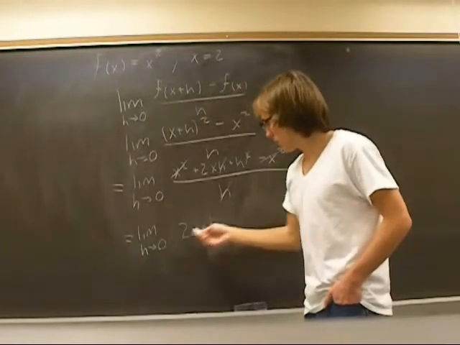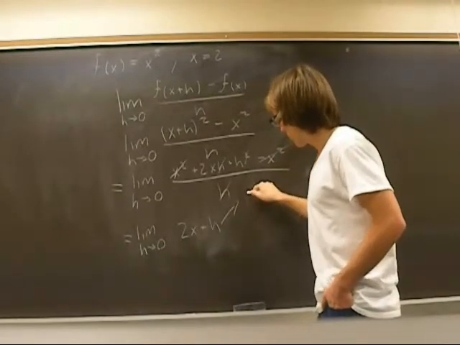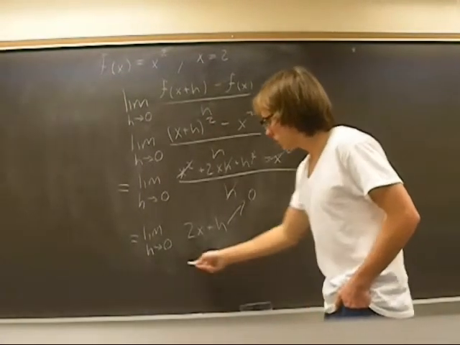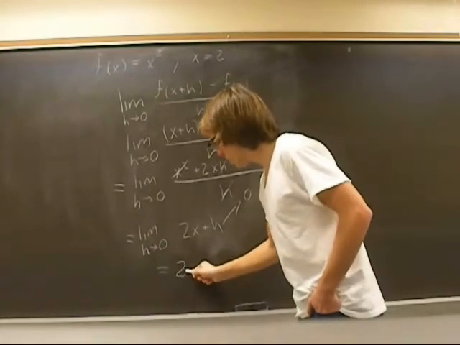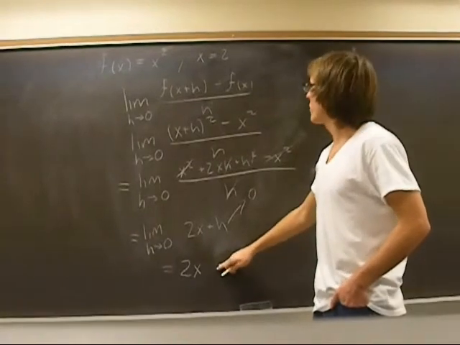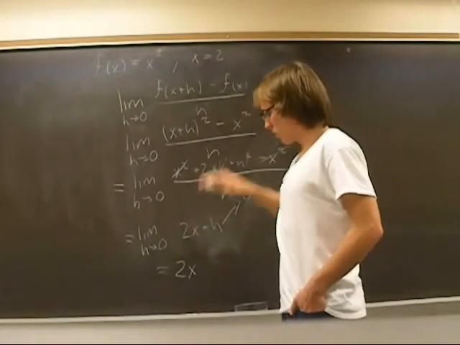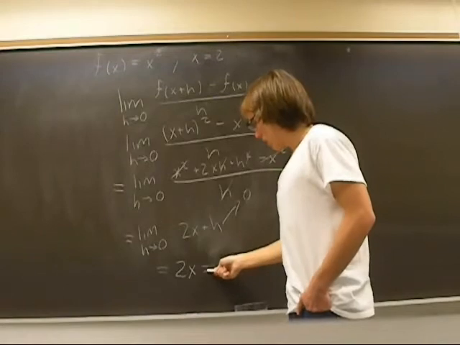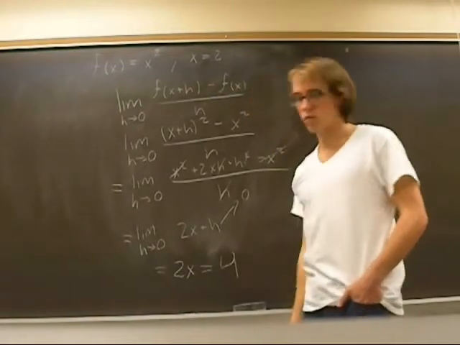Now because of this limit, this h goes to 0. So this equals 2x. Now we're trying to find the derivative at x equals 2. So we can just plug that in, and this equals 4.